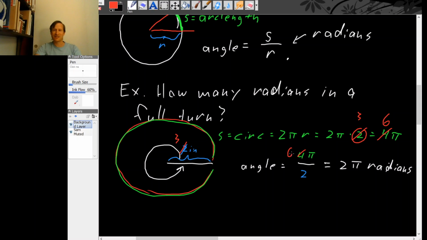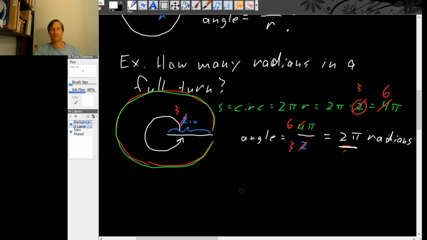So we'd have 6 pi over 3, and we'd still have 2 pi radians. You can see that no matter what radius circle you use to measure this angle, you always get 2 pi radians.